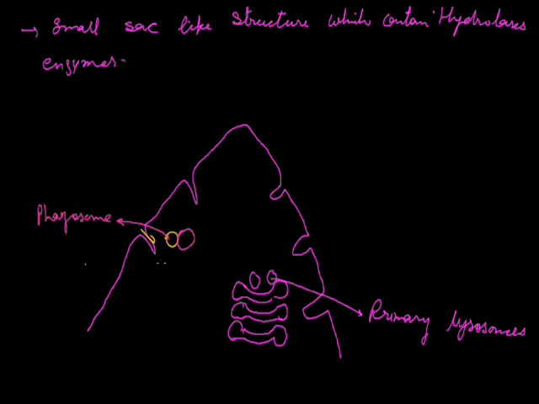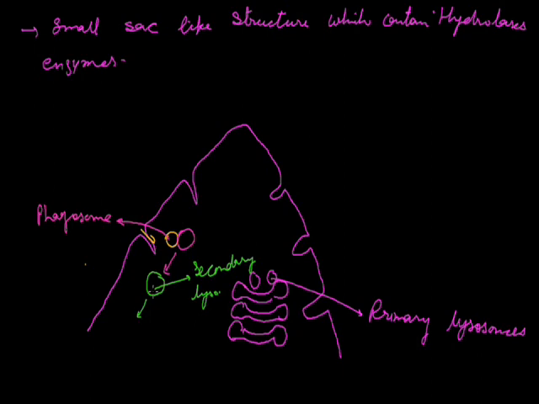When the primary lysosome attaches to the phagosome, it releases its enzymes and digests the phagosome and forms a body which is known as secondary lysosome. This is secondary lysosome which contains digested part of phagosome.